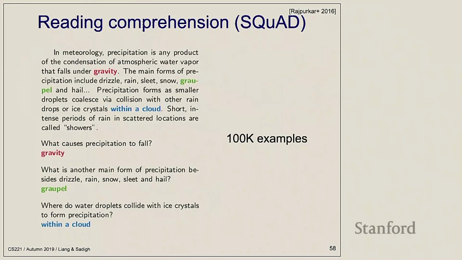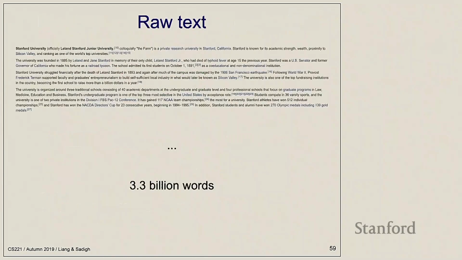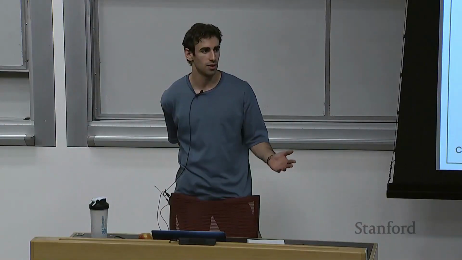The problem here is that there's only 100,000 examples. And really, the intelligence that this task is trying to get at is just, can you read a text and understand it? Which is more general and is captured by more data than just these 100,000. In particular, it's captured by just all the text that you could possibly read.